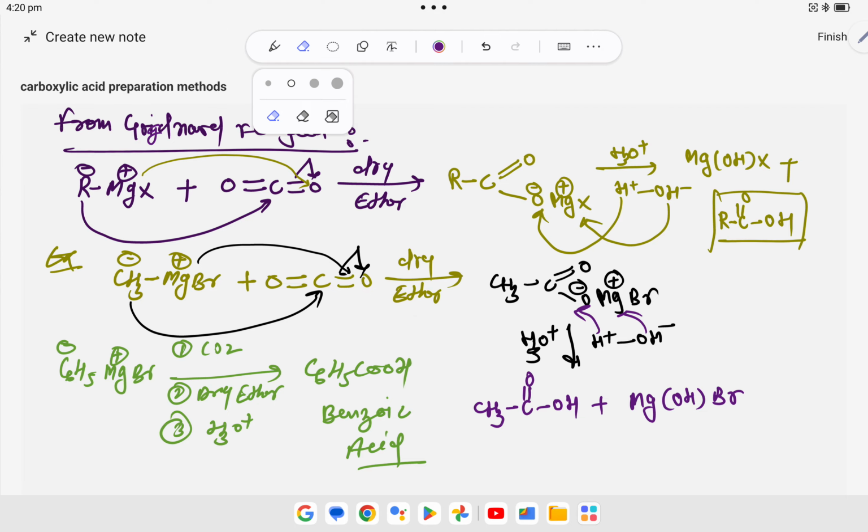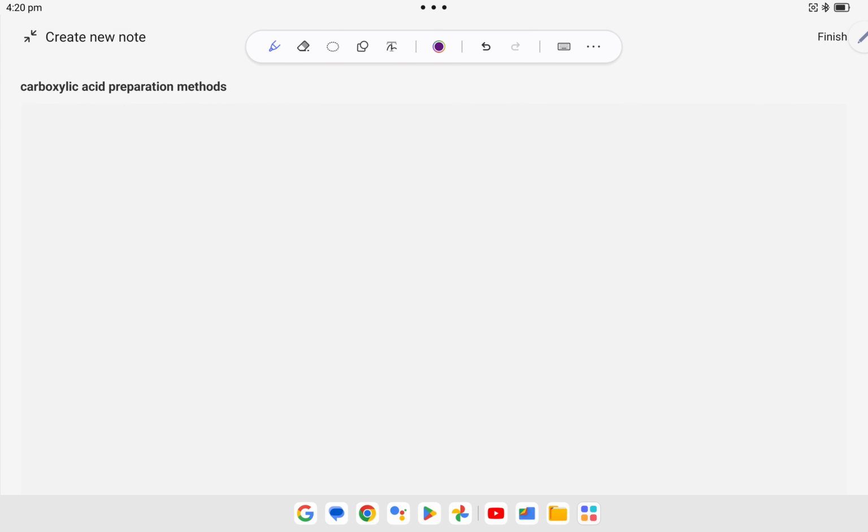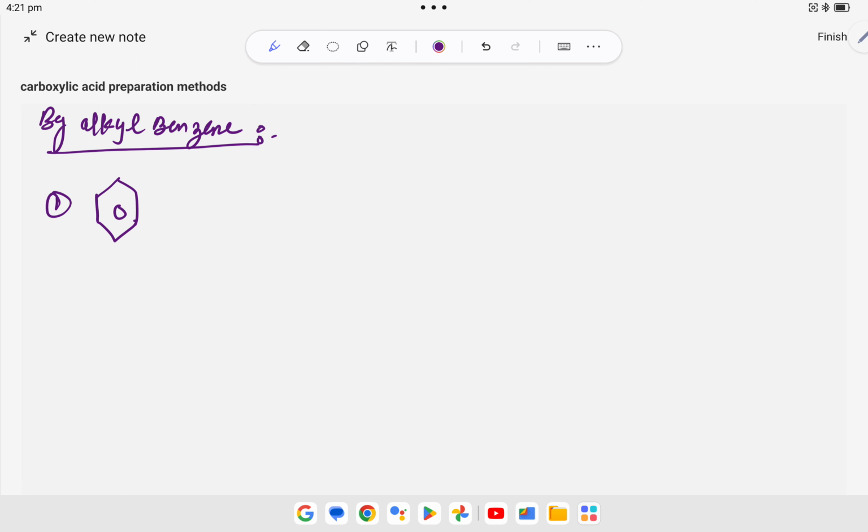Next method, by alkyl benzene. So first is CH3, methyl benzene, with KMnO4 in basic medium and small heating.